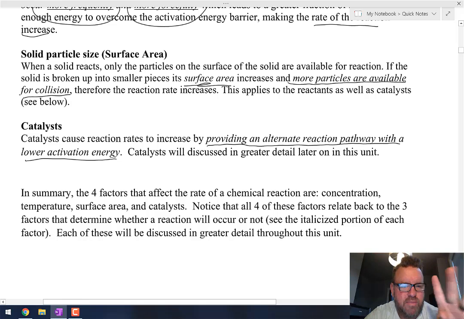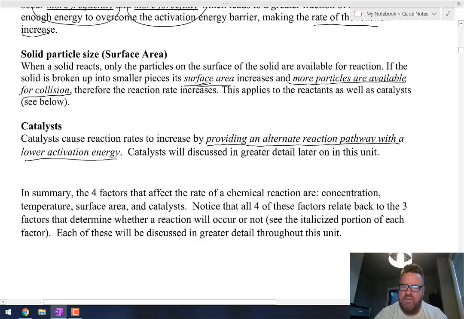So in summary, 4 factors that affect the rate of a chemical reaction: concentration, temperature, surface area, and catalysts. Okay, and if you think about that, notice that all 4 of these factors relate back to the 3 factors that determine whether the reaction is going to happen or not. It all comes back to: do they collide? Do they collide with the right orientation?